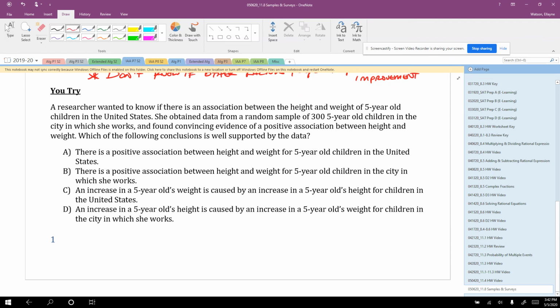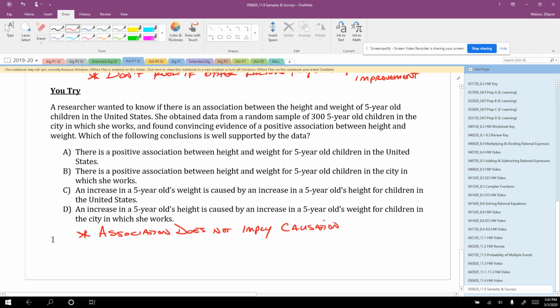Okay, so hopefully you went through this and worked through the differences between the options here, right? A couple things here that I just want to go over is what I said just a little bit ago. Association does not imply causation.